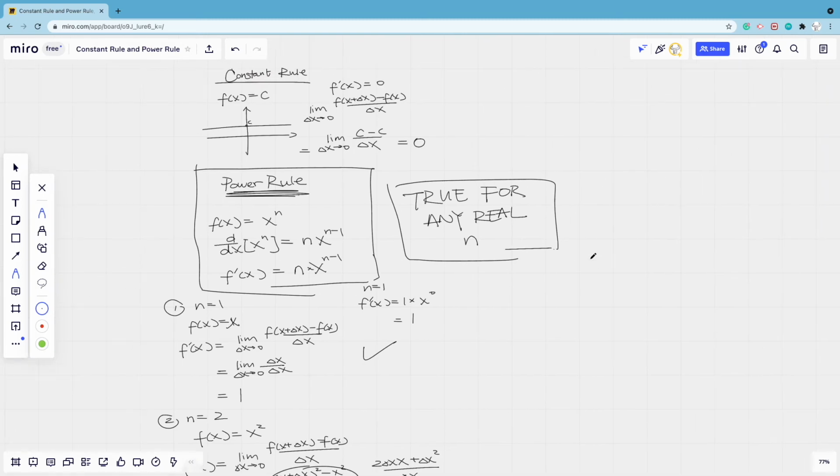Right now, we're going to give a proof for why this holds for a positive integer. So for a positive integer, f(x) equals x to the power of n. I'm going to zoom in a bit.